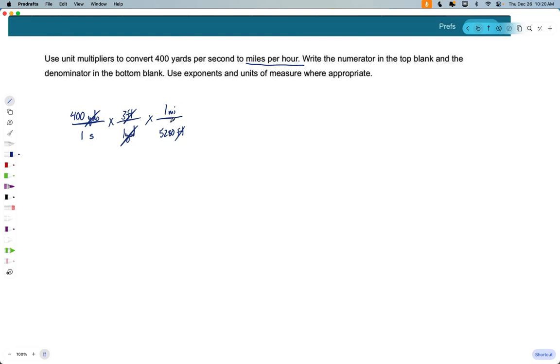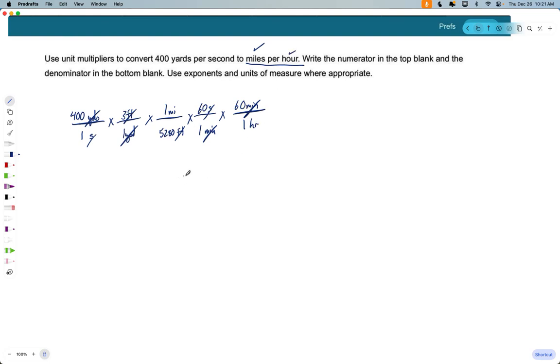Now that we're in miles, which is where we wanted to get to, we have to convert our time from seconds to hours. So times 60 seconds is 1 minute. That converts seconds to minutes. Now we want to go from minutes to hours. So 60 minutes is 1 hour. So now we are in miles and hours.